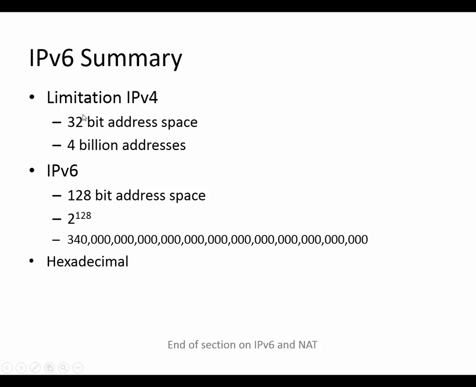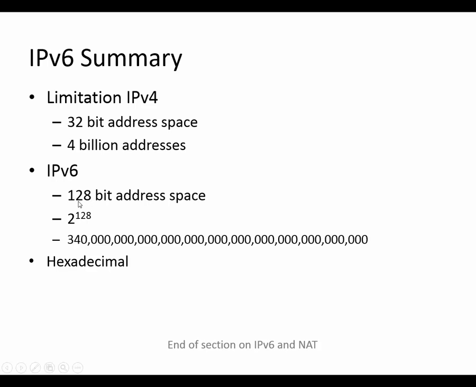In summary, in this section we saw that since IPv4 only has a 32-bit address space, you can only get 4 billion IP addresses out of IPv4. And there are two potential solutions. One, network address translation, where many computers share one public IP address, or in this section we discussed IPv6.